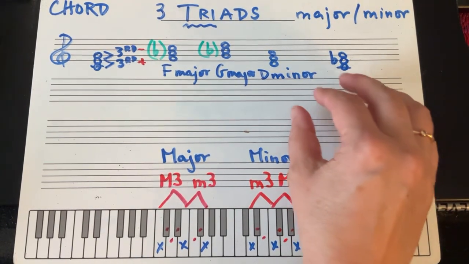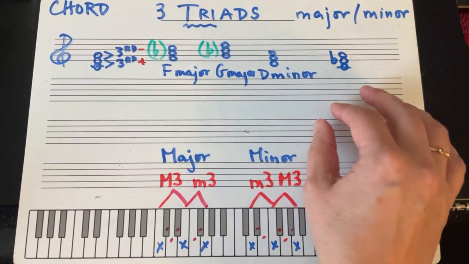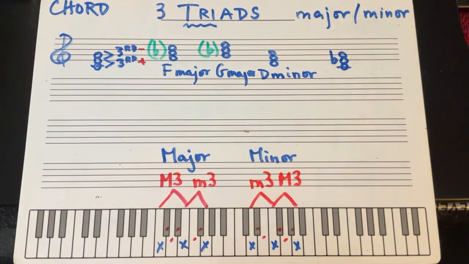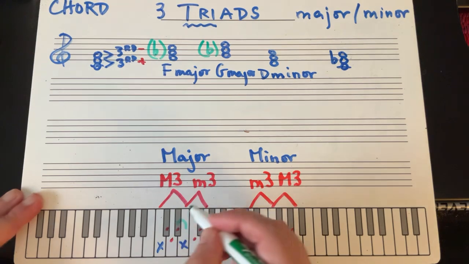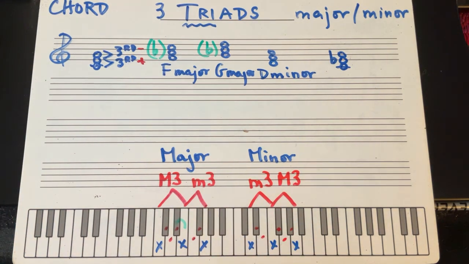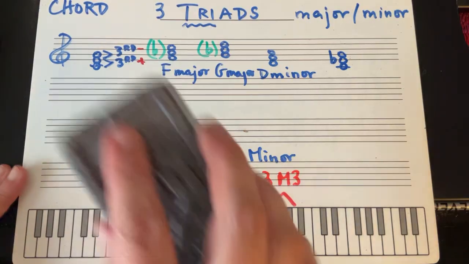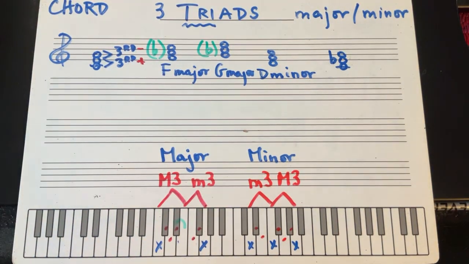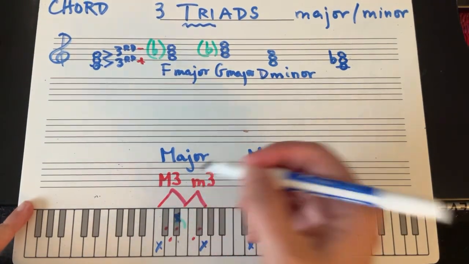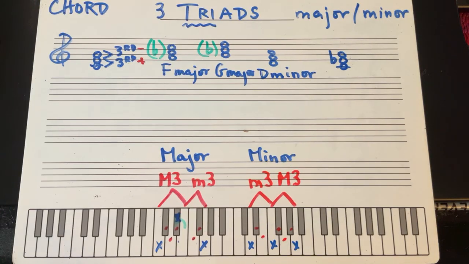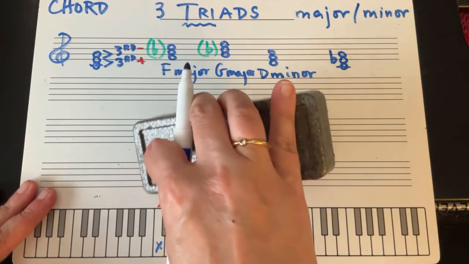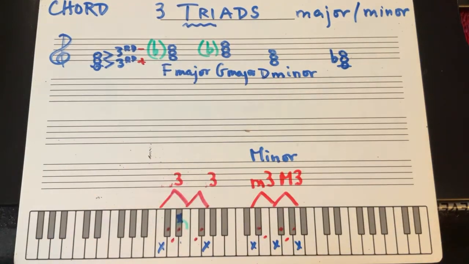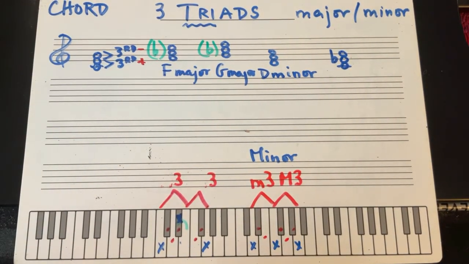You have to know exactly what the major scale is that you're starting with, and then how to lower this note in the middle by a half step. So now you're playing C minor, and you've changed your qualities of those thirds.